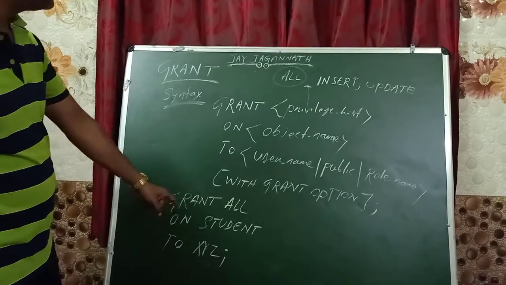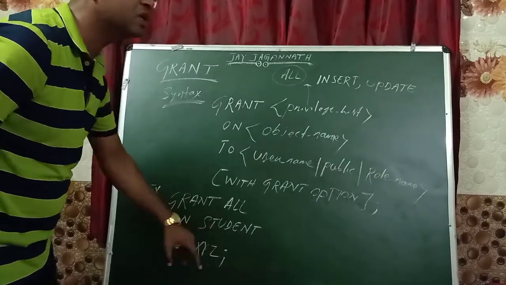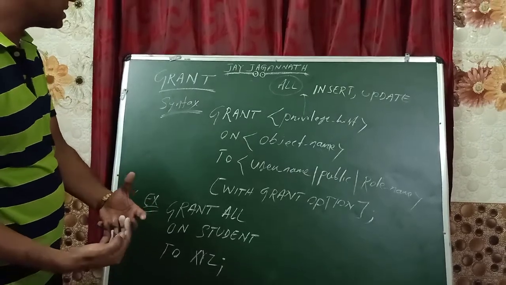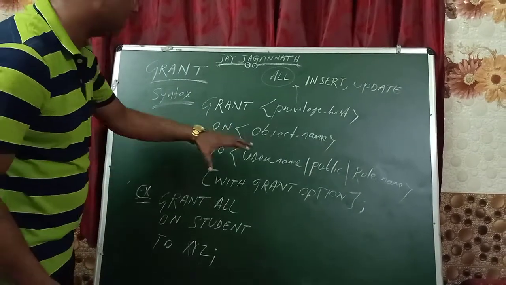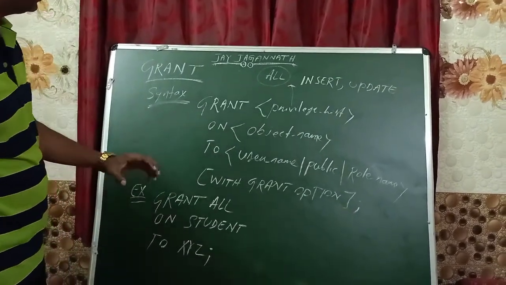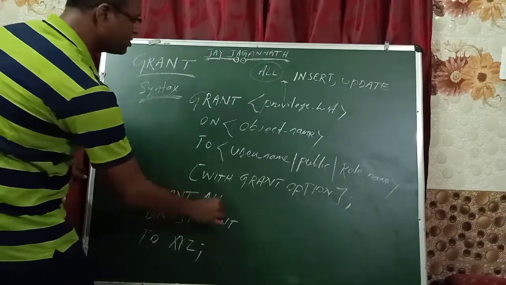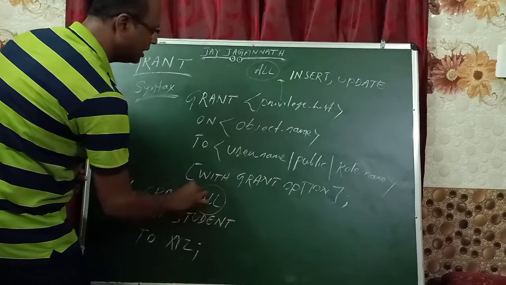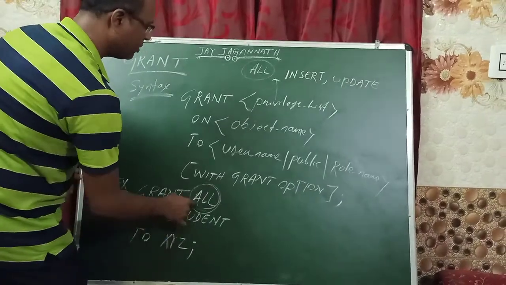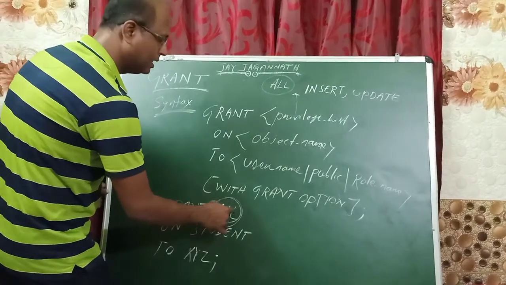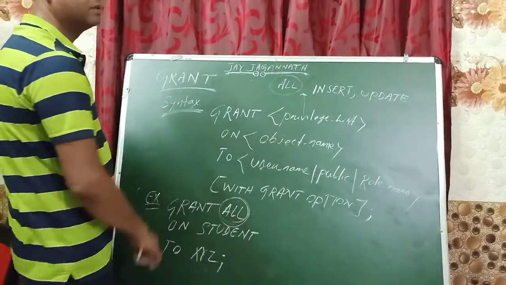It means XYZ is a user who can access the data from the database and perform all types of DML operation. That means XYZ can perform insert operation, update operation, delete operation, like this.